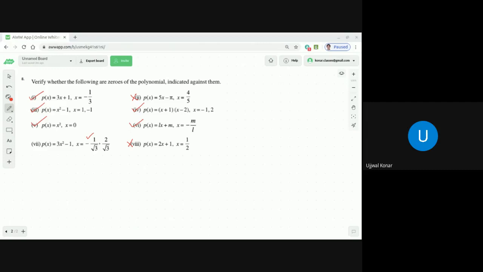Any other question in DPP one? Let's proceed quickly. Okay, so I have corrected this thing, and you will get your updated marks now. Everyone is done with DPP one. Can I proceed to DPP two? Yes, sir. Okay. Now DPP two.